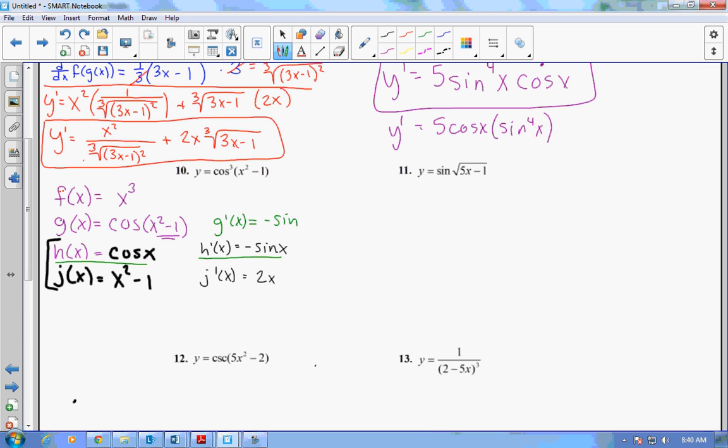Negative sine times, what do I stuff in? The j, x squared minus 1, times j prime, which is 2x. If you want to rewrite that, I would write negative 2x sine x squared minus 1.